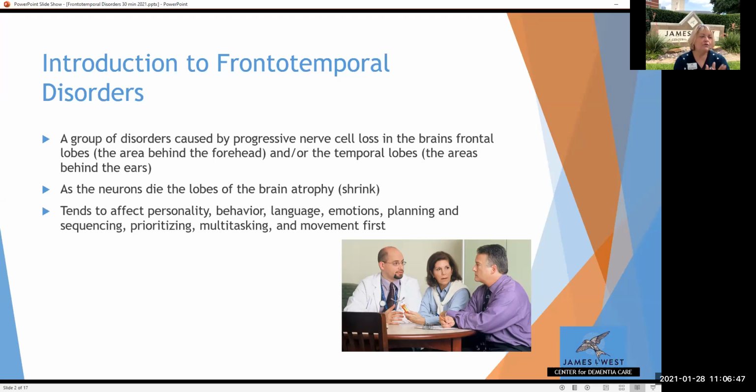Here's the other thing. If you look at that third bullet point, you're going to see something missing from this list. It tends to affect personality, behavior, language, emotions, planning and sequencing, prioritizing and multitasking, and movement first. You noticed a word was missing.